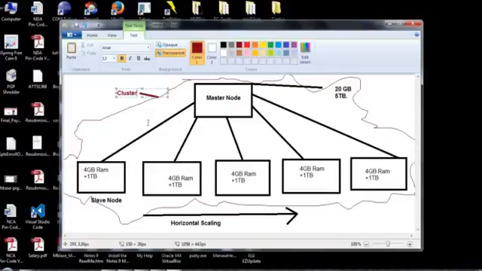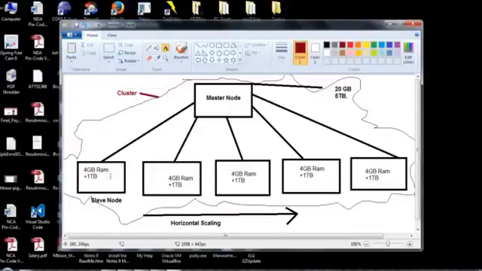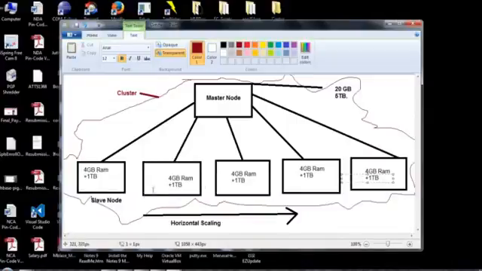This is a cluster where you have nodes, connected nodes. A node is nothing but a system, and there is a master node which operates all the nodes.